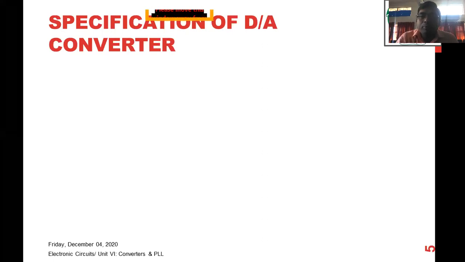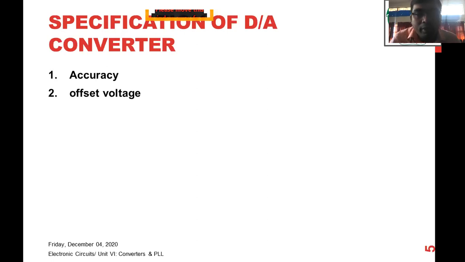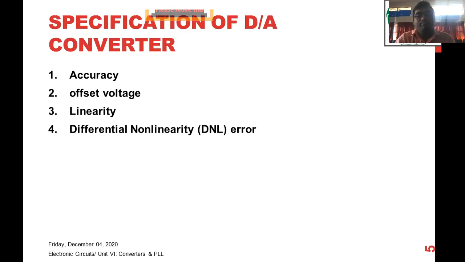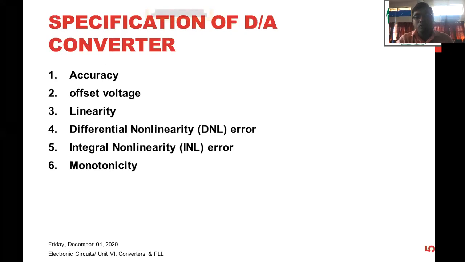If you look at the specifications of the digital to analog converter, these are some points. First is accuracy. Second is offset voltage. Third is linearity, and fourth is differential non-linearity error. Fifth is integral non-linearity error. Sixth is monotonicity. Seventh is resolution.